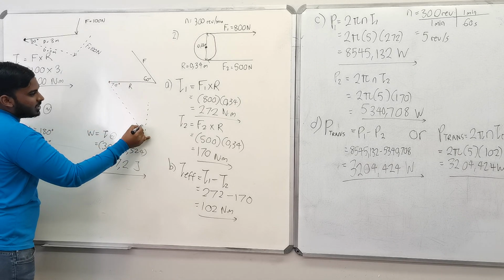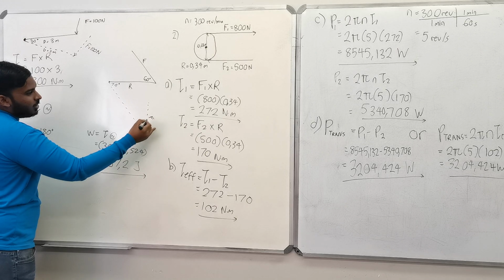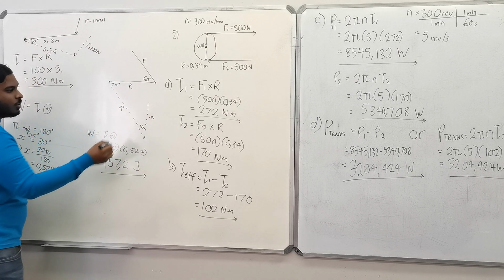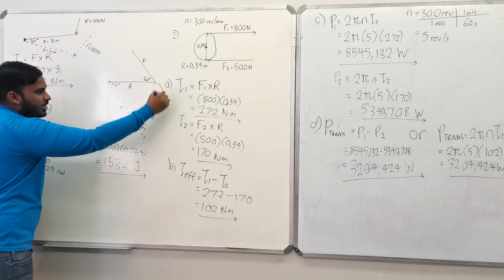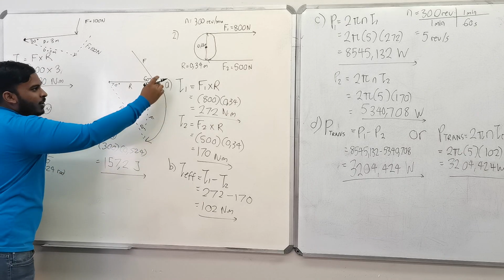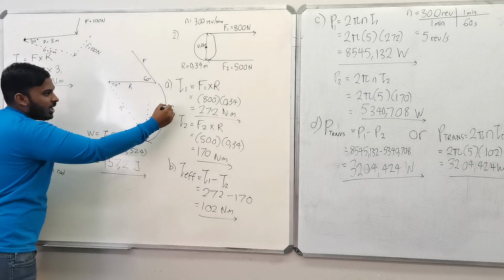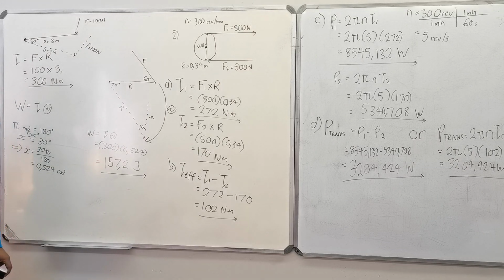Remember this 60 degrees is for the force being applied, and that's your working distance. So from here it basically moved till there, and when it moved like that it created an arc. Okay? That's what the question means. You understand what I'm saying?